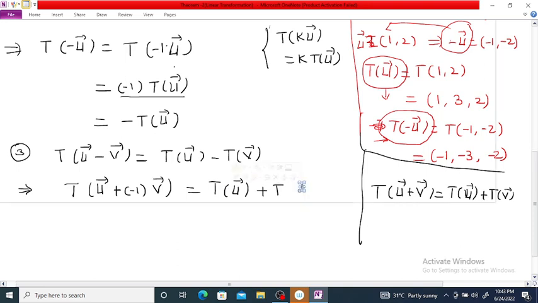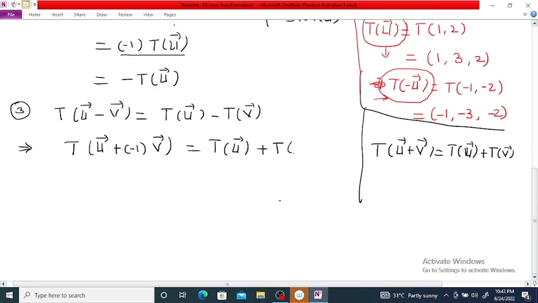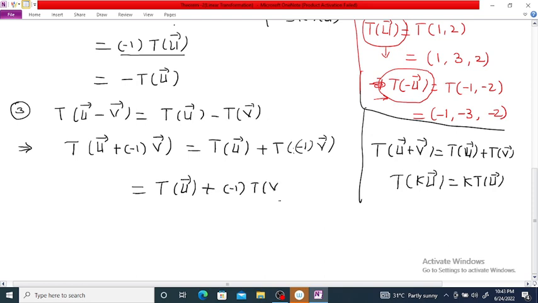Since T is a linear transformation, T of k u bar is equal to k times T of u bar, and minus 1 is a scalar, so we can write this as T of u bar plus minus 1 into T of v bar.